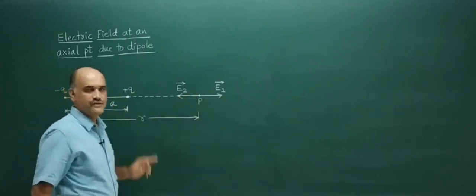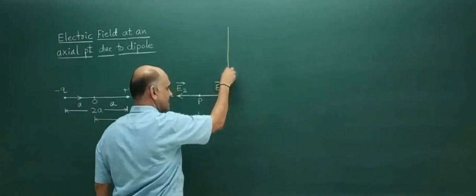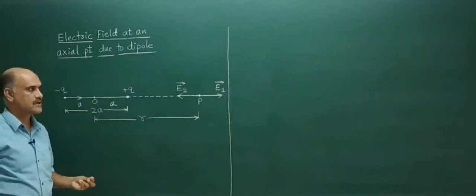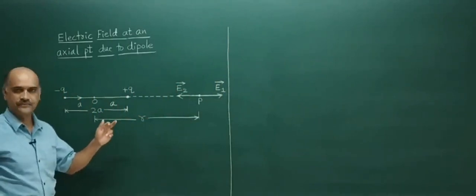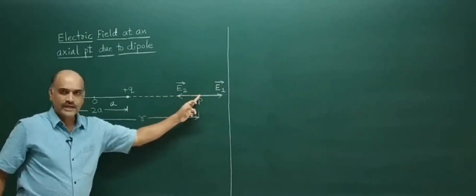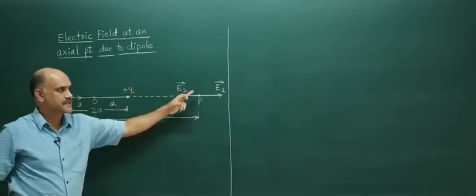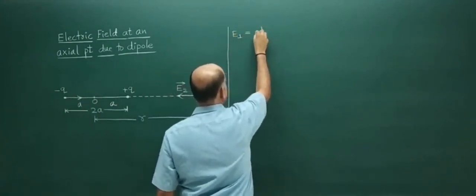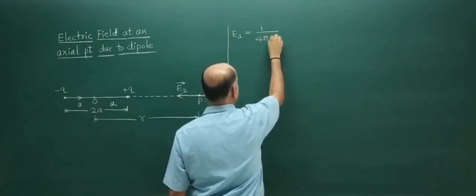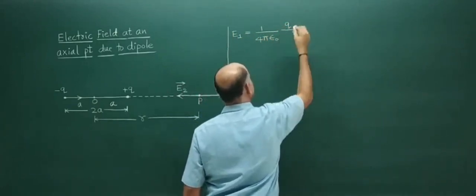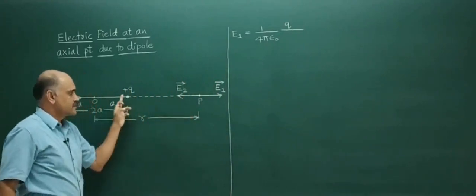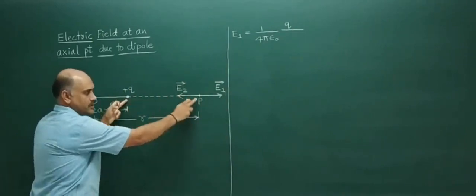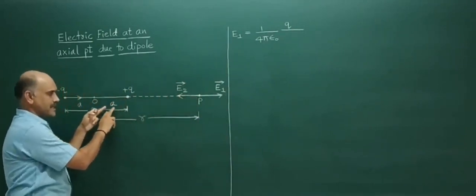Now, first we will write expression for E1 and E2. Electric field formula is 1 by 4 pi epsilon naught q by r square. So electric field at point P due to charge plus q, E1, is given by E1 is equal to 1 by 4 pi epsilon naught, charge is q, divided by distance of plus q from P, which is r minus a.